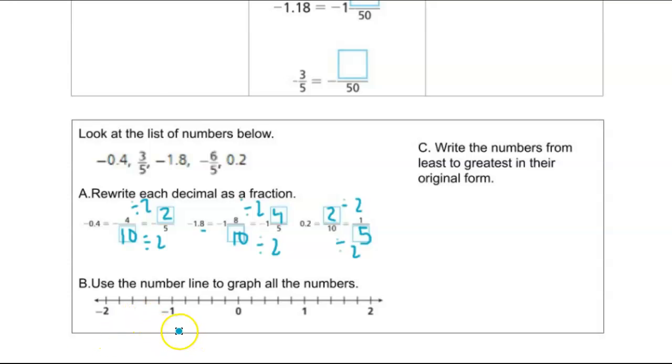Now we're going to put these on the number line. Whoopsies, sorry. The first one is negative 2/5. So negative 2/5 goes right there. I did this one. Our next one is negative 1 and 4/5, which is all the way over here.